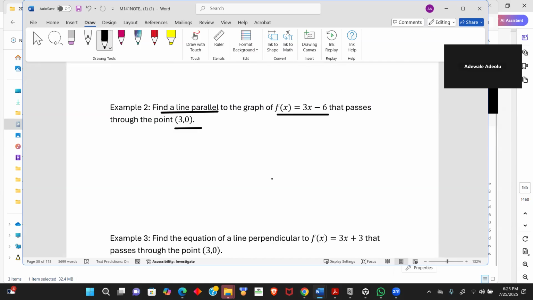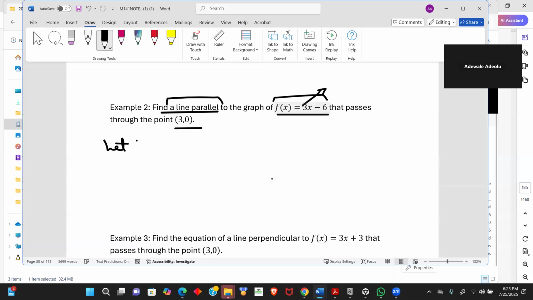We want to find a line, but that line has to be parallel. There is a secret that will help us to solve this problem. That line is parallel to this graph. Even though we don't have any information about this new line, this graph helps us in a way since they are parallel.